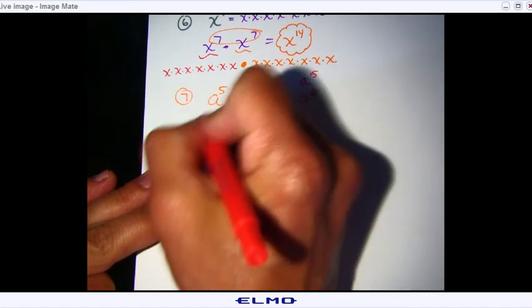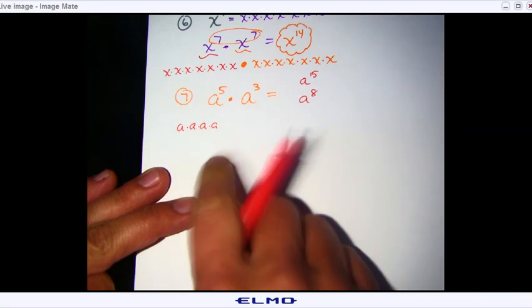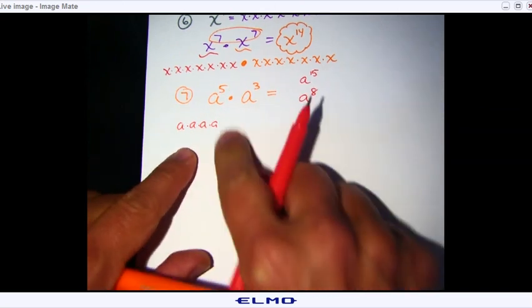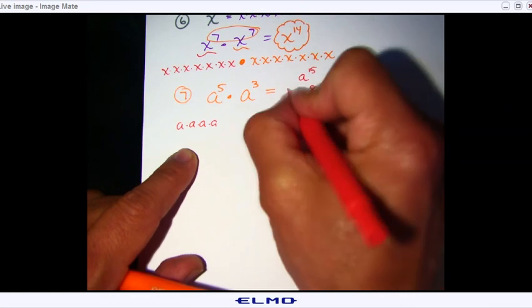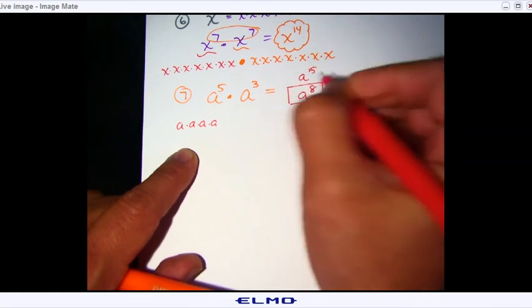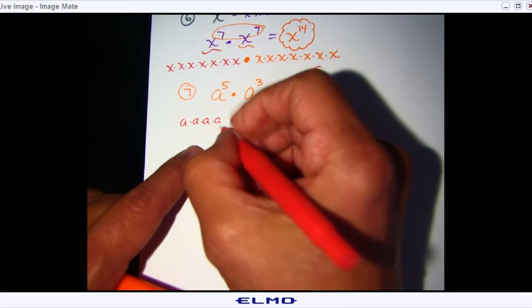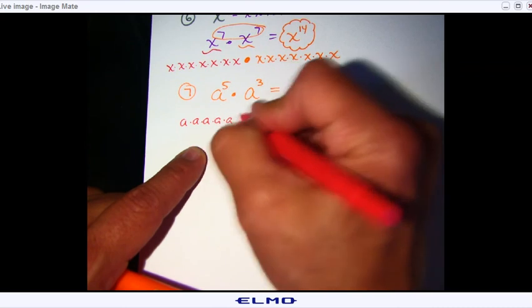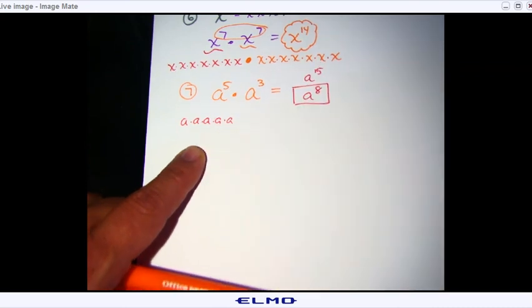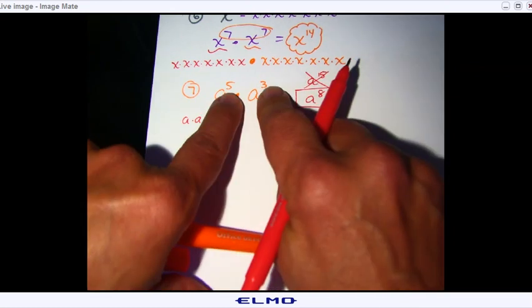Well, let's see. a times a times a. I'm going to break it down. I'm going to have 5 and then 3. So my answer is a to the power of 8. Once you start breaking it down, if you forget that you have to add them, there's 5 and then there's 3. Oh yeah, a to the power of 8. All right. So remember, do not multiply.